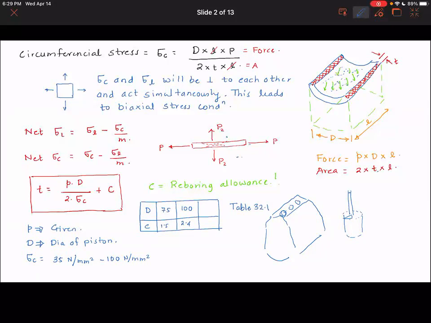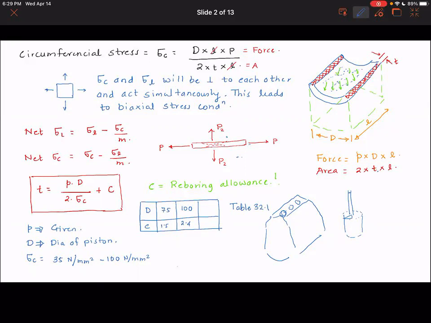Depending upon the application, you will observe a wide range in the cylinder wall thickness. For marine engines, the cylinder wall can go all the way up to 50, 75 millimeters. For automotive engines or small weed whacker engines, it can go as low as 4 millimeters.